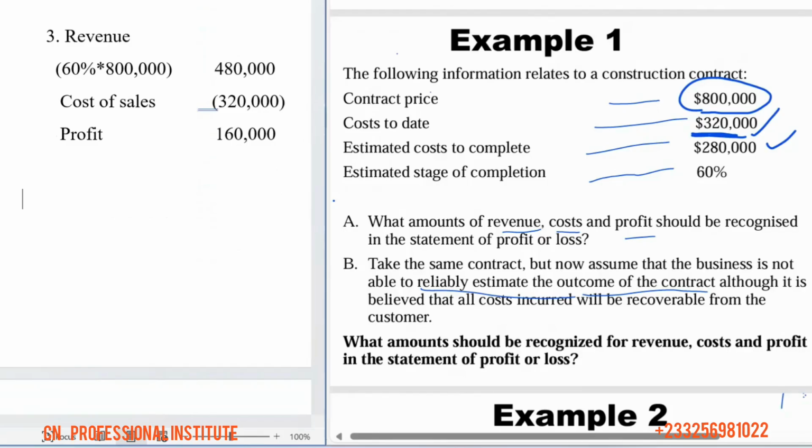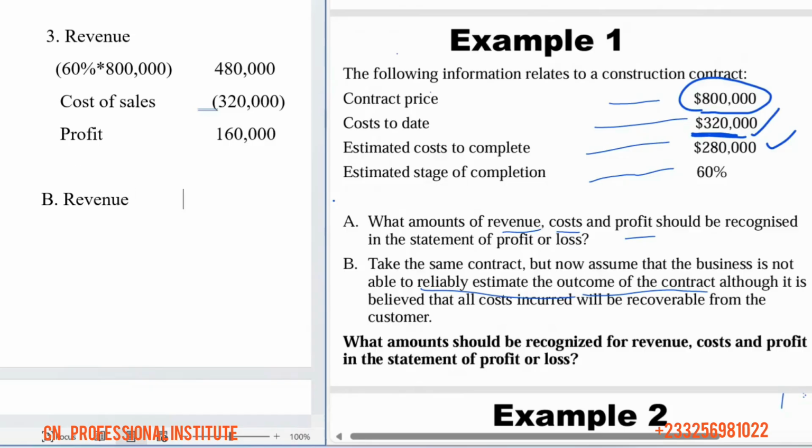So B says we should assume the same contract. By this time, the business is not able to reliably estimate the outcome of the contract. So we said if we cannot estimate the outcome of the contract, then we have to record revenue equal to our cost of sales, or we have to record revenue equal to our cost to date.